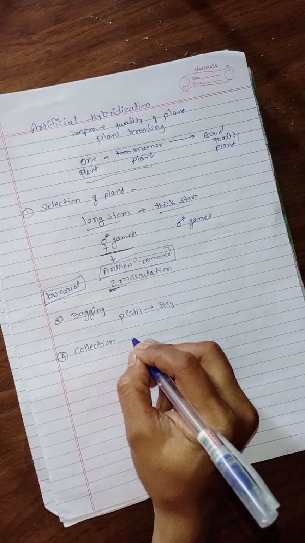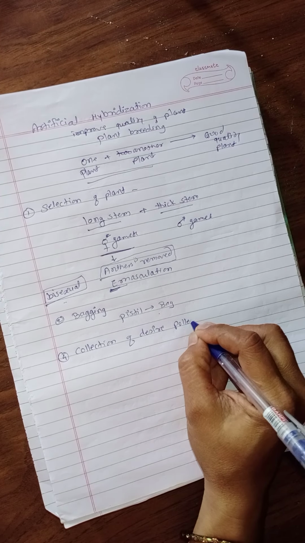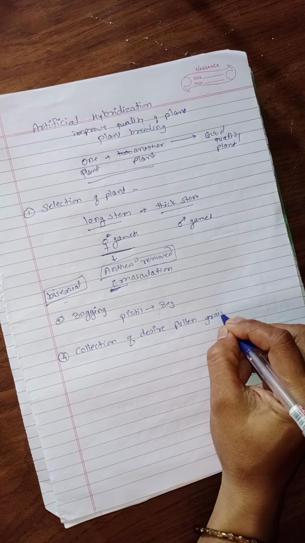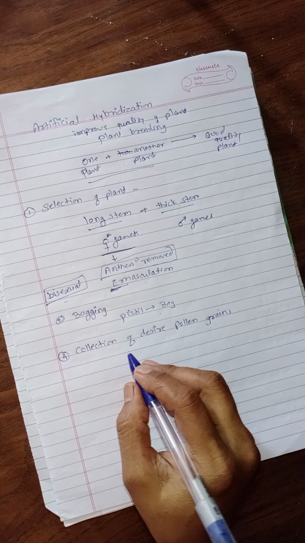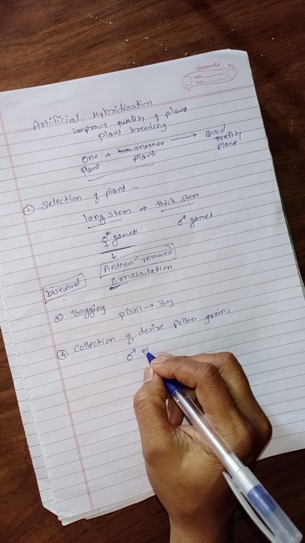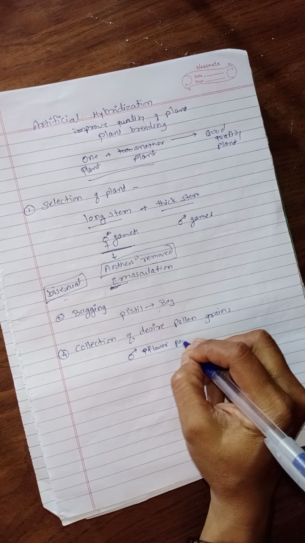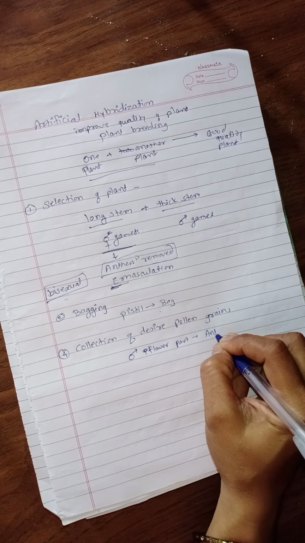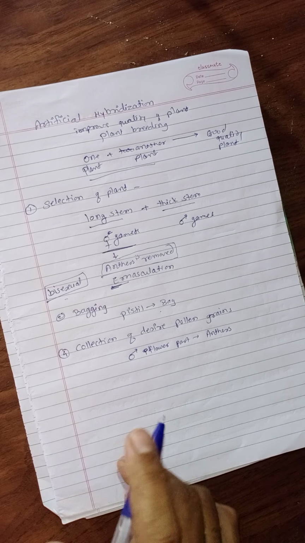After bagging, the next step is collection of desired pollen grains. Select the plant, cover the flower with a bag and collect the anthers. That means from the male plant or male flower, the anthers are collected, with bagging of that flower.